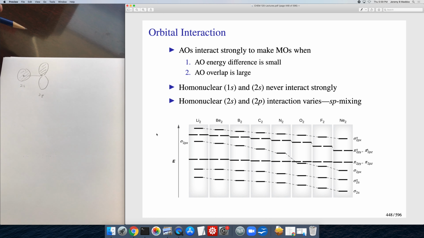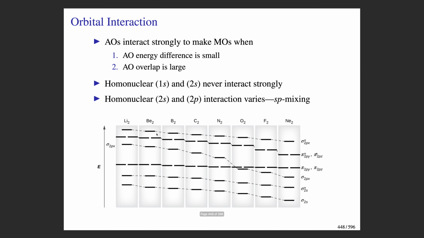Anyway, let's go back to this diagram here, and let's look at what we see. What you're looking at here is going across the periodic table, starting with diatomic lithium, diatomic beryllium, all the way up to diatomic neon, and it's showing you the relative energies for the molecular orbitals that make up the valence shell of the molecule.